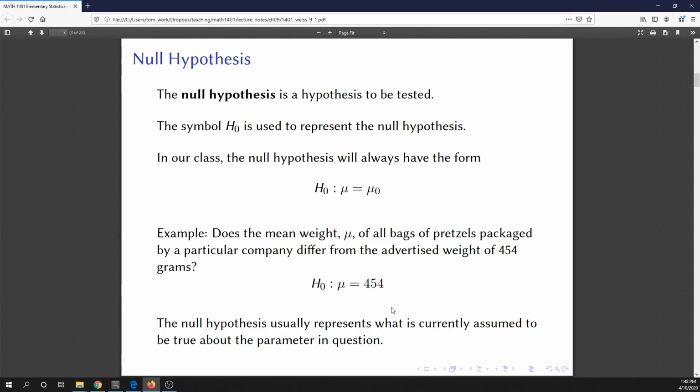And so, maybe whoever is doing this particular study thinks, maybe that's not the case. Maybe our manufacturing process is not working the way it used to, because of who knows what mechanical wear or other things like that, and maybe the mean is not 454 anymore. Maybe it's a little bit bigger or a little bit less.